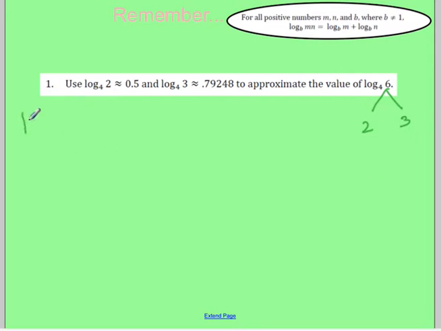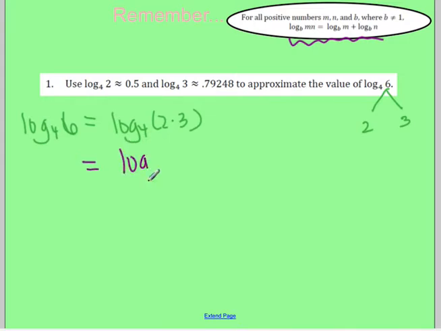So I'm going to rewrite this as log base 4 of 6 will equal log base 4 of 2 times 3. Using my rule now, which is also listed up here, I can rewrite it with addition. So it's really log base 4 of 2 plus log base 4 of 3.